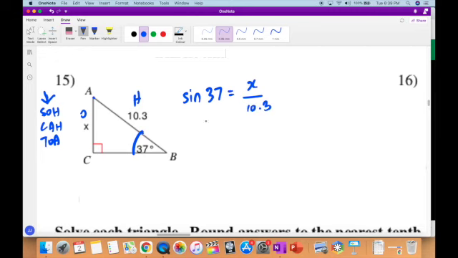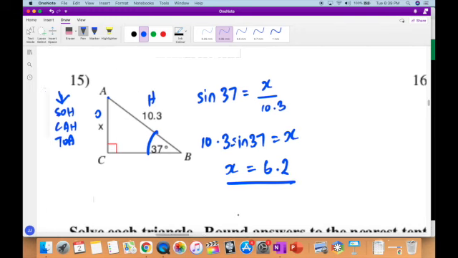And just fling the 10.3 across. 10.3 sine of 37 is equal to x. Well, nothing to fling across there again. X is 10.3 times the sine of 37, which is 6.2. Am I right here?